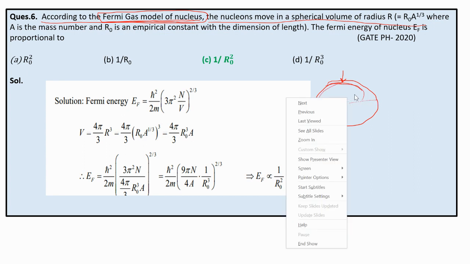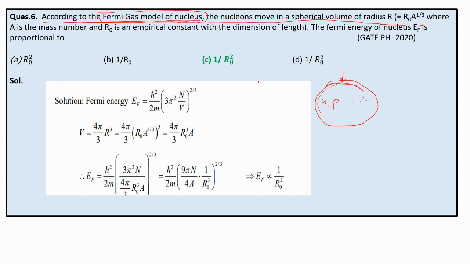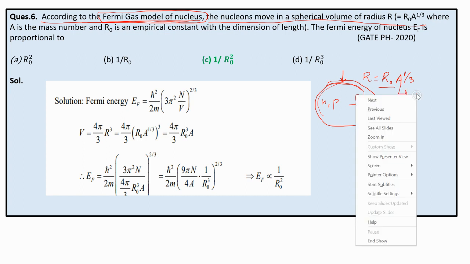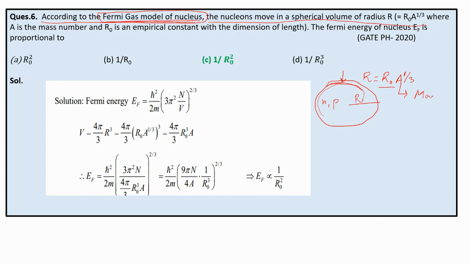The radius of it is given by r, and the value of r is r naught A to the power 1/3. r naught is a constant and A is the mass number. Now the Fermi energy of the nucleus, EF, is proportional to, you need to find out.